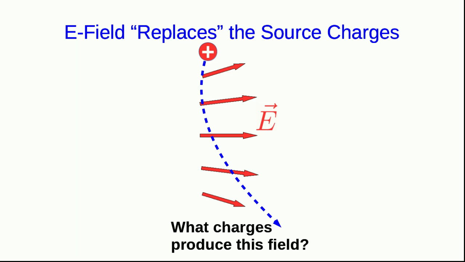Then we can ignore those source charges and just focus on the motion of objects that move through this region. Those objects will be affected by the electric field, but the electric field is all we have to know about. And the point now is that the electric field can be thought of as the agent of electrical forces on charged particles that move through the region.